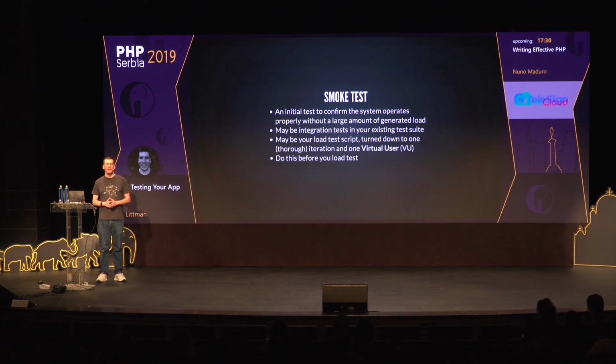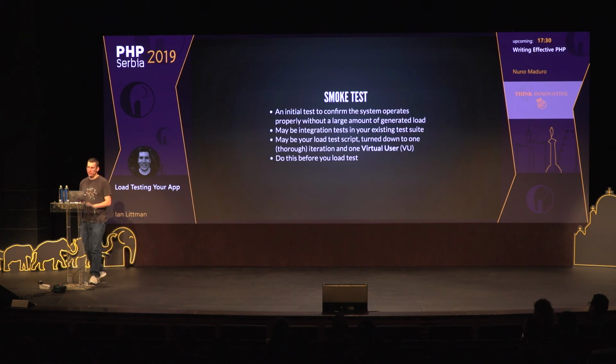Or it might be taking a load test, dialing it down to a single iteration on a single virtual user, which is just running through a single set of call this endpoint, wait, call this endpoint, and seeing whether the application breaks. Because if the application is going to give you 500 HTTP status codes on a single user, it's probably going to do the same thing when you throw 50 or 100 simultaneous users at it.